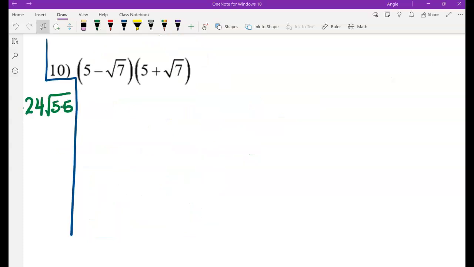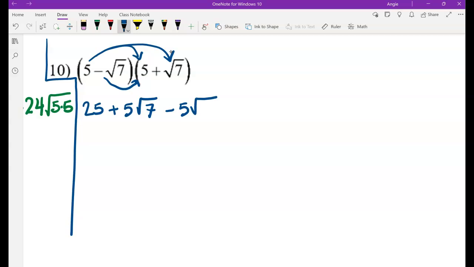Okay, example 10 says the quantity of 5 minus rad 7 times the quantity of 5 plus rad 7. 5 times 5, y'all, is 25. 5 times square root of 7 is going to be 5 rad 7. Negative rad 7 times 5 is negative 5 rad 7.